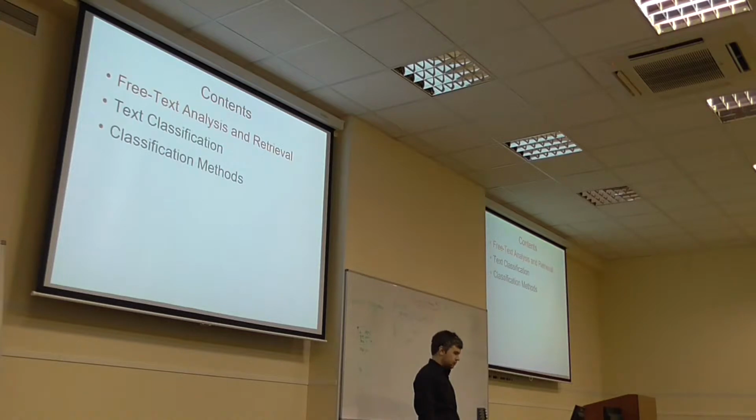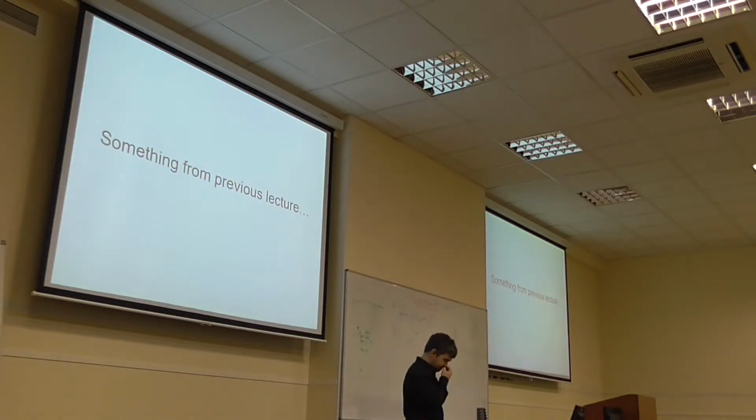So let's recall some knowledge from the previous lecture. Actually, what is free text? What do you think? Preprocessed text. An example where we can get free text. Non-structured text, for example, Wikipedia articles.